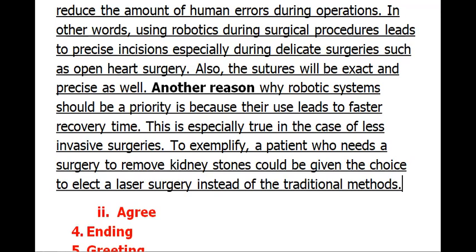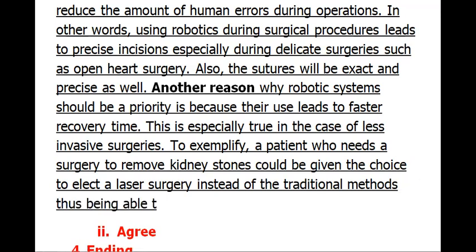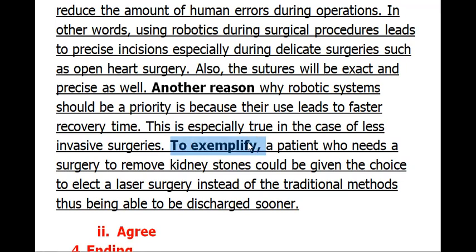I hope that makes sense. Let's read that sentence a little bit. To exemplify, a patient who needs a surgery to remove kidney stones could be given the choice to elect laser surgery instead of the traditional methods, as being able to be discharged sooner. So that's our example. Very important to have at least one example in the body of your answer.